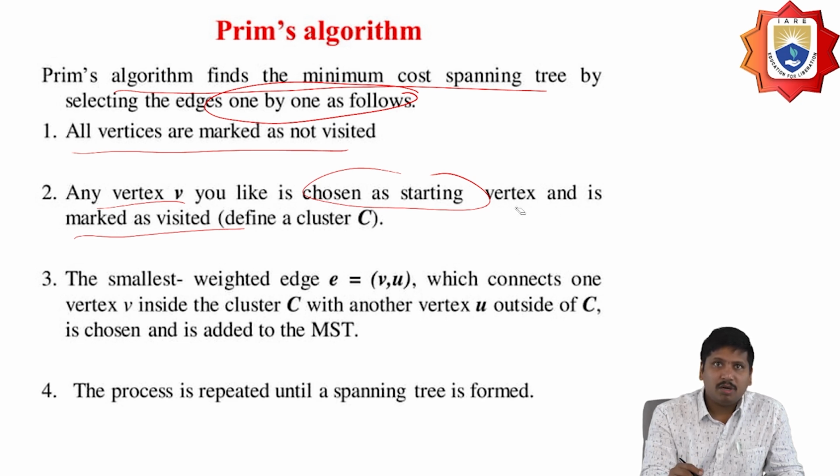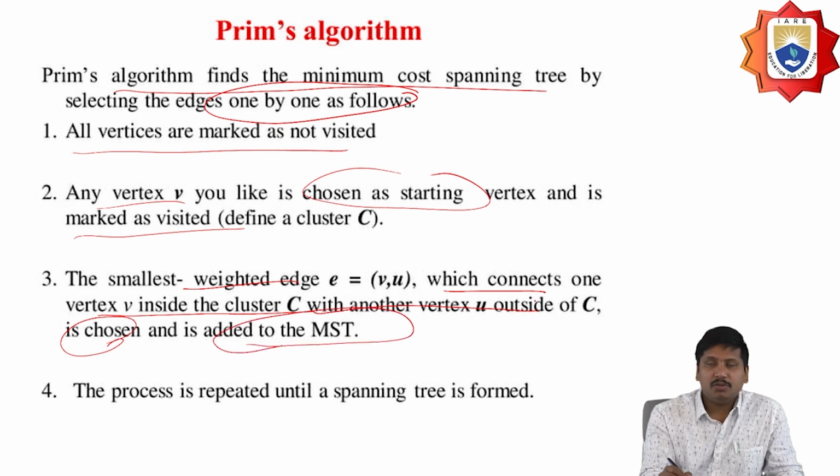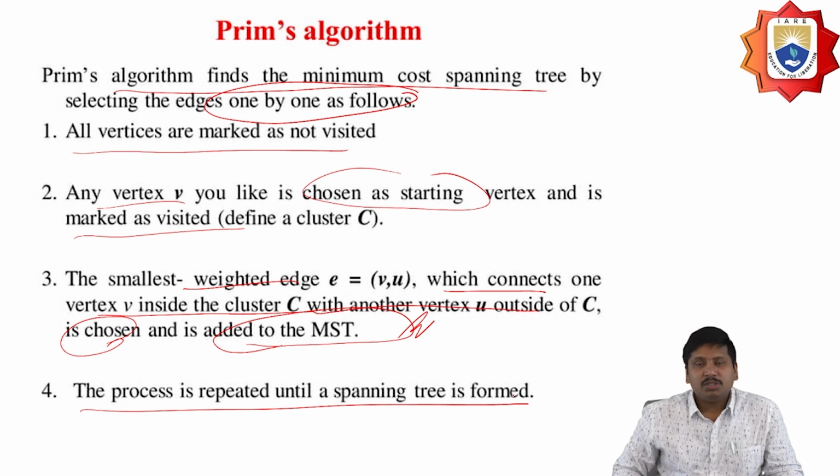Then the smallest edge weight which connects one vertex inside the cluster with another vertex outside the cluster is going to be chosen, and it should be added to the minimum spanning tree. Then this process is going to be repeated until the spanning tree is formed.